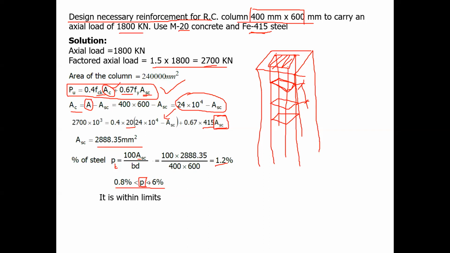So now assume you have the steel, now you have to calculate the number of bars, right? So to calculate the number of bars, assume the dia. So here I am going to assume 20 mm dia. Take down, assuming 20 mm dia, the number of bars is equal to the area of steel which I have calculated divided by the assumed area of steel. So what is the answer?